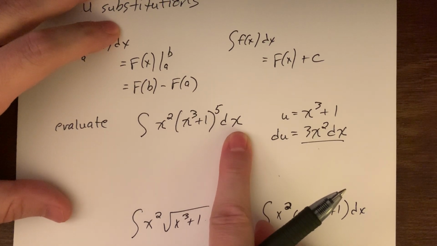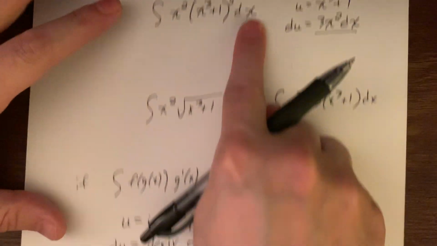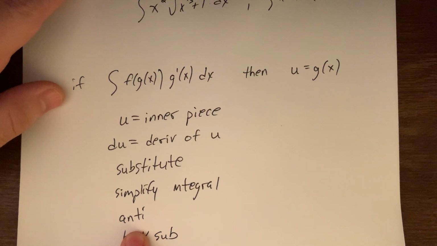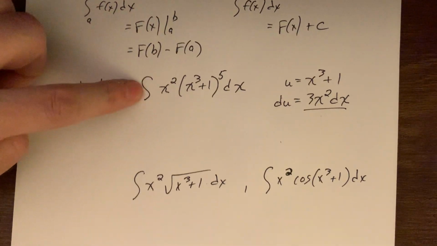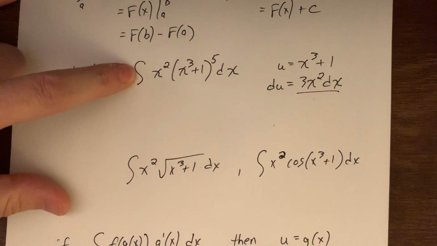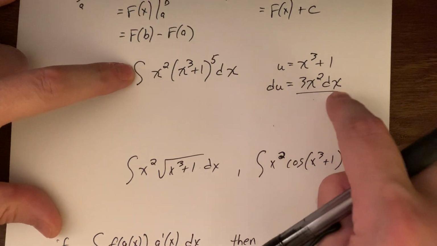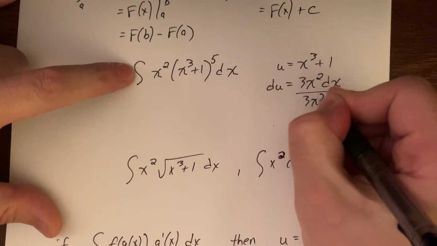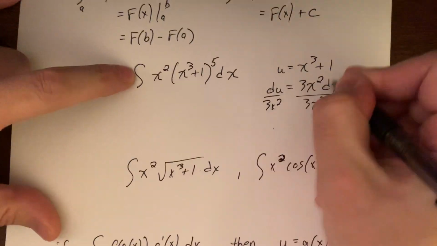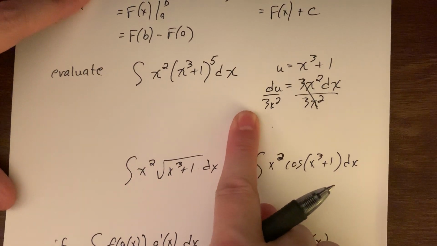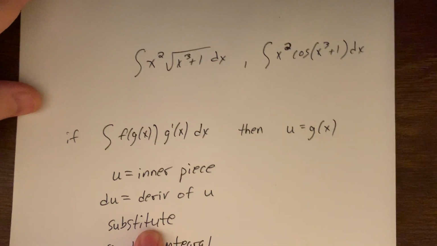By changing the variable, we could somehow simplify the problem so that we can take our antiderivative using traditional techniques. So the way to make the simplifying easier, the substituting and the simplifying easier, in my opinion, is to always solve this for dx. So I'll divide the 3x squared over to the other side, and now I'm substituting.